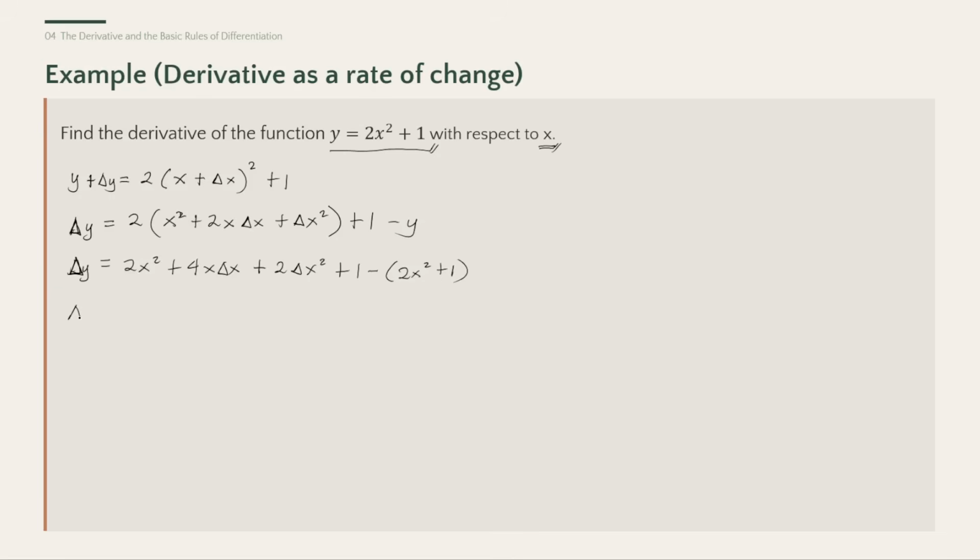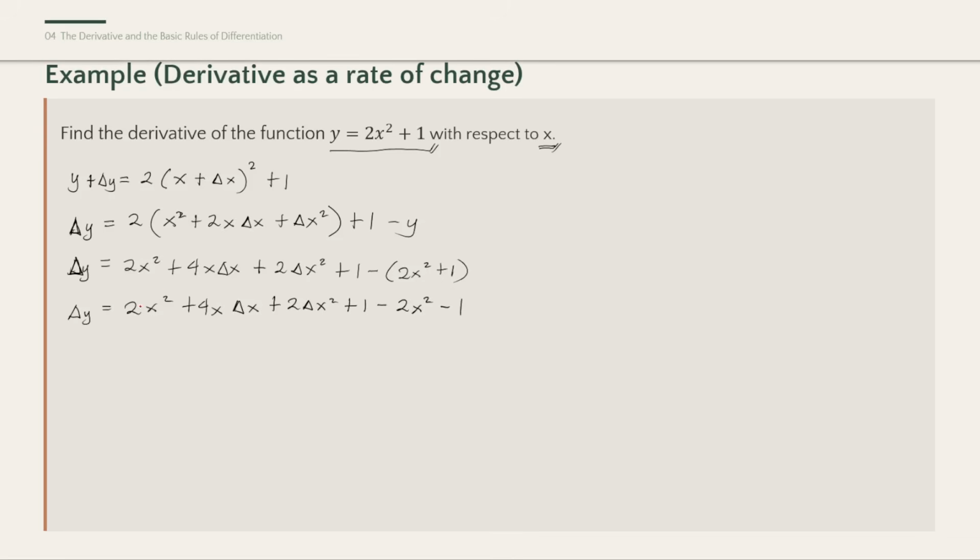We have delta y is equal to 2x squared plus 4x delta x plus 2 delta x squared plus 1, and distribute the negative signs, minus 2x squared minus 1. And as you can see, we can cancel out the like terms. In this case, we have 2x squared and 1, positive 1 and negative 1.